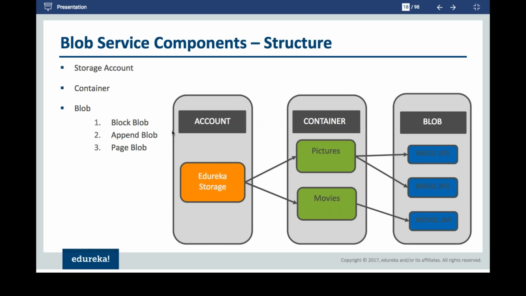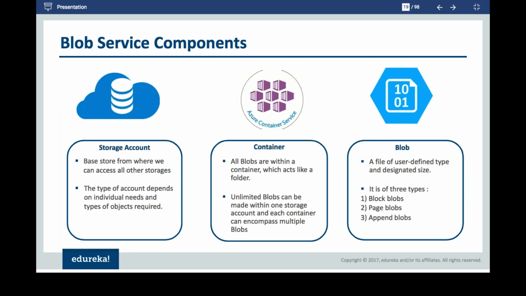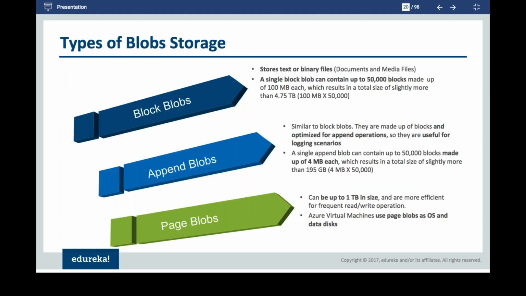The page blob is to take a backup of whatever you have, like a .vhd backup, so that can be done using page blob. This is for paging. Well, let me get into detail. This blob can have up to 50,000 blocks, and it can go up to 4.75 TB in size.